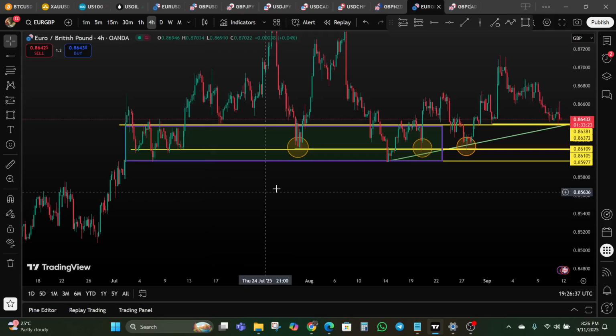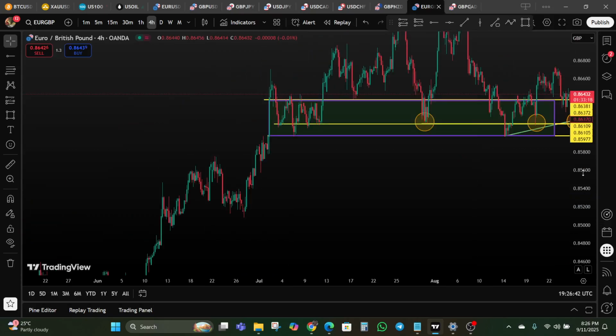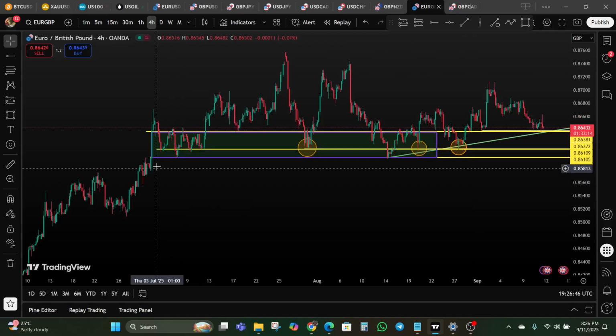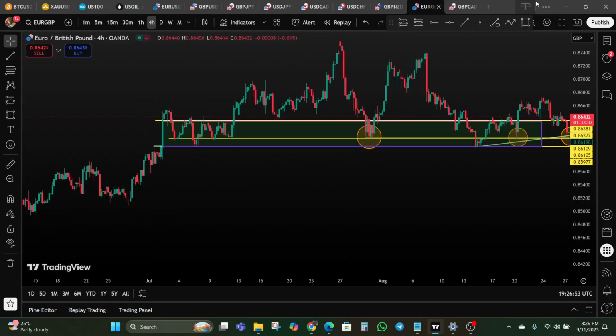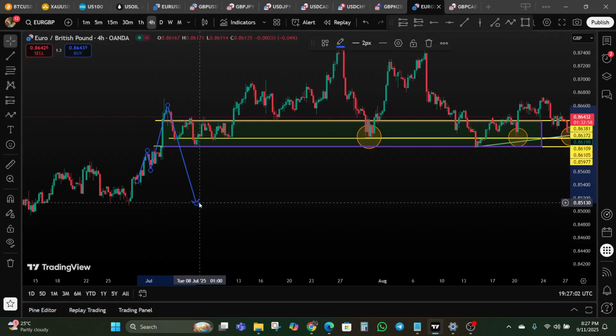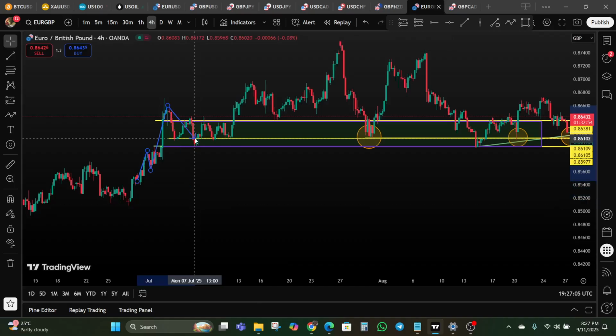All right. Now, if I'm going to use this, we had a break of structure around here, right? Because you can see price made a higher high, and it went above the previous high.